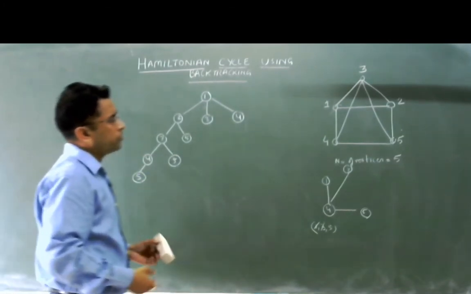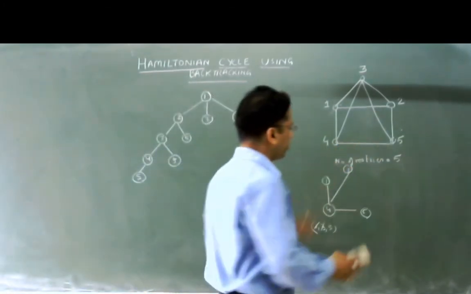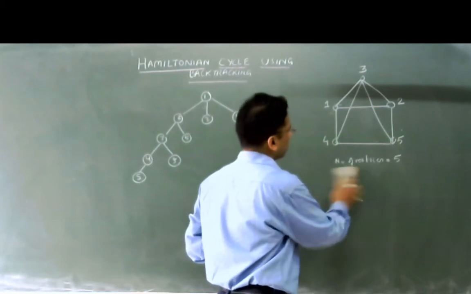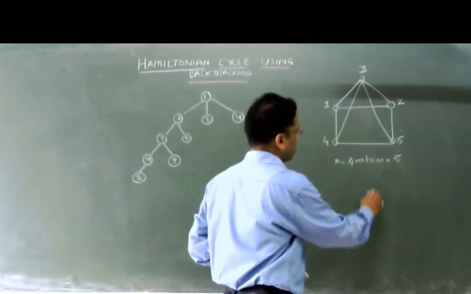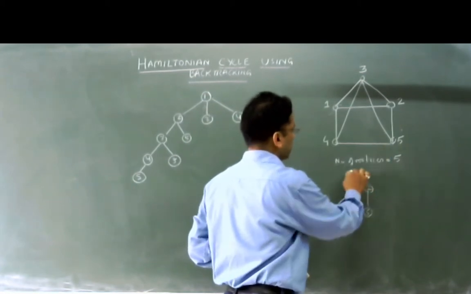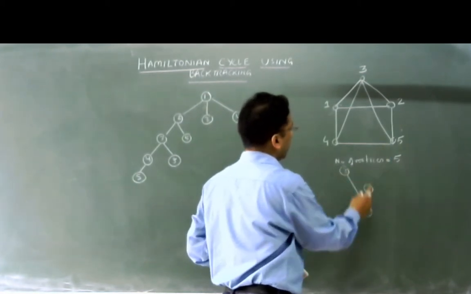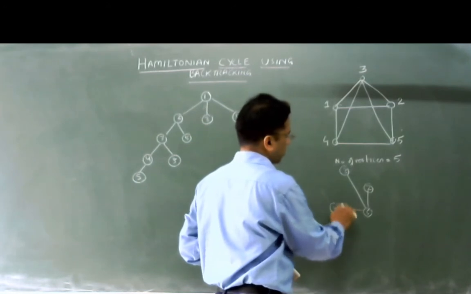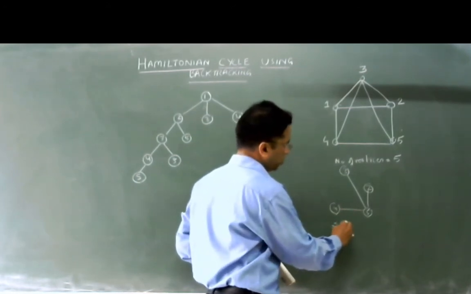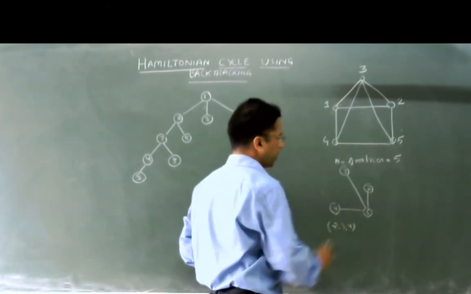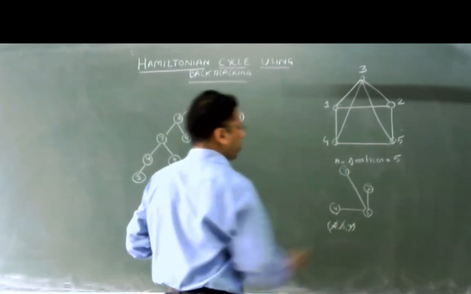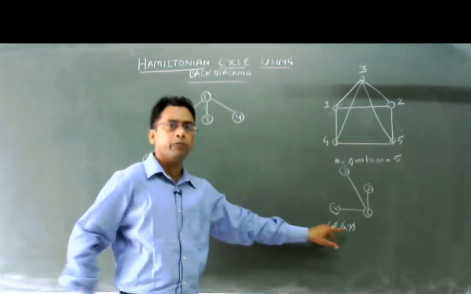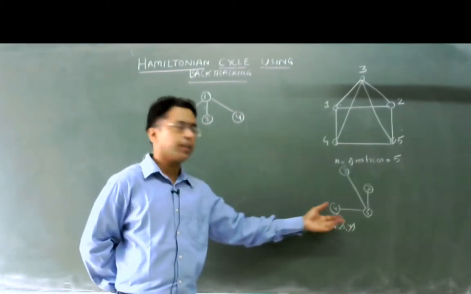But when we reach position number 5, the adjacent nodes are 2, 3 and 4 only, and the order is 2, 3 and 4. All these nodes have already been covered, so we can't take them again.